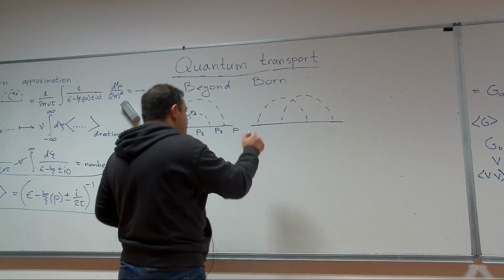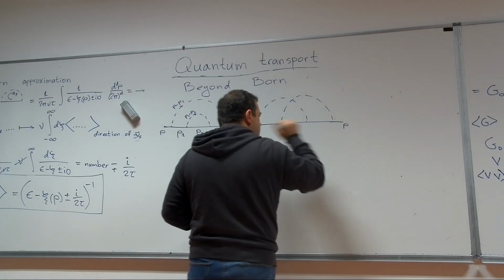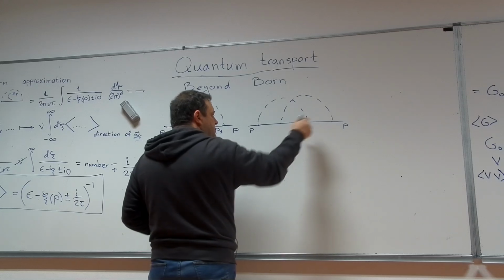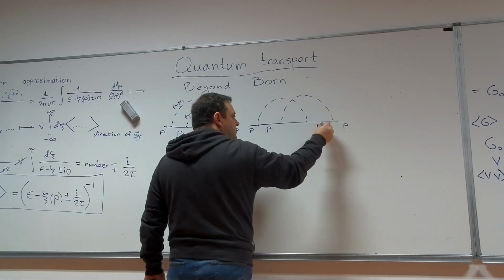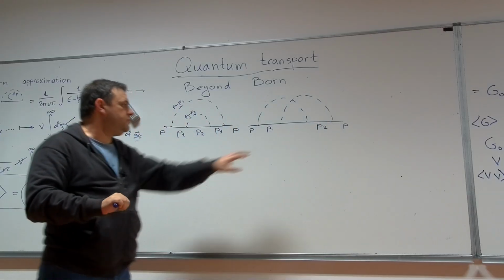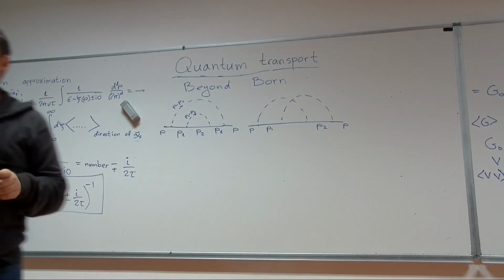Now let's do the same for the second diagram. We have P outside, and now I have three functions like this, and I will say this one is P1, this one is P2. What momentum should I put to the middle function to satisfy all momentum conservations?